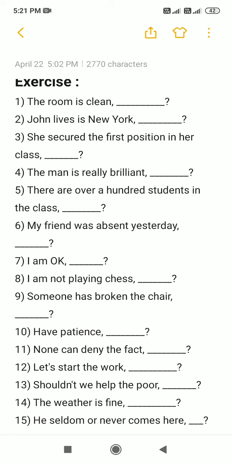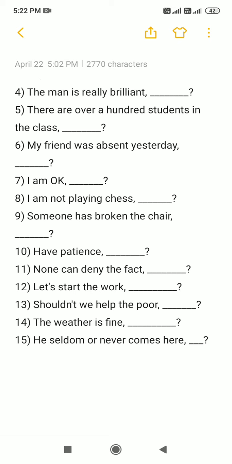None can deny the fact. Let's start the work. Should not we help the poor? The weather is fine. He seldom or never comes here. It's a very comprehensive exercise comprising 15 questions. Now let's look at the answers to all these questions in the next phase.